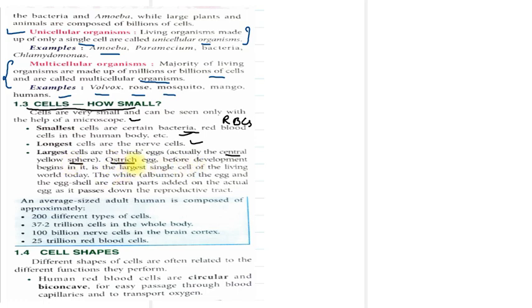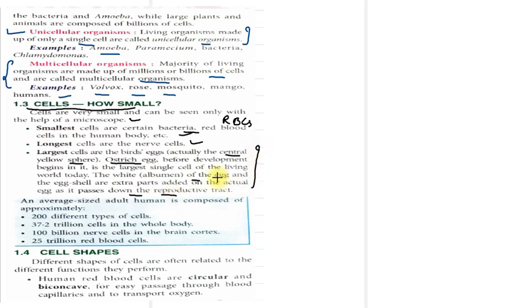It is of the ostrich egg, before the development begins in it. The largest single cell of the living world today is the ostrich egg. The white albumin of the egg and the egg shell are extra parts added on the actual egg as it passes down the reproductive tract, right?